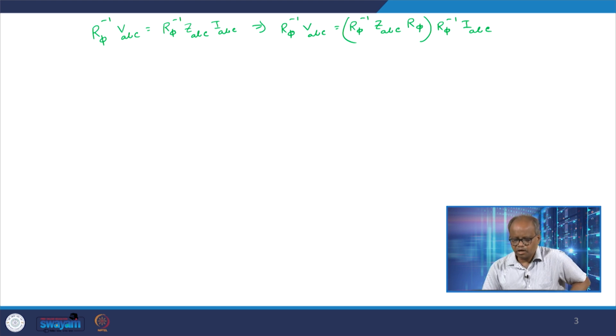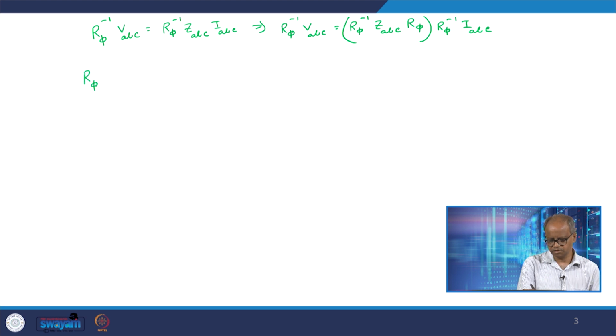Now, let us see what happens to R phi inverse into Z ABC into R phi.